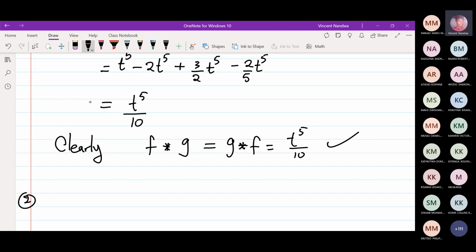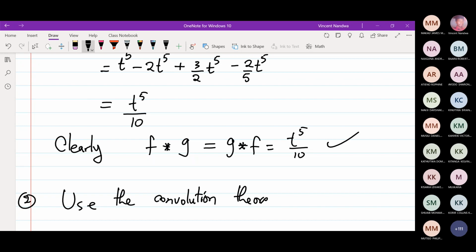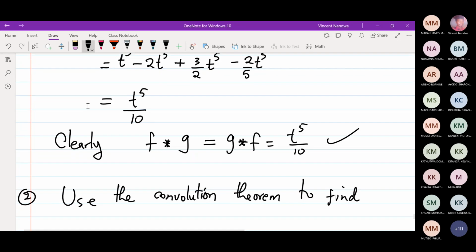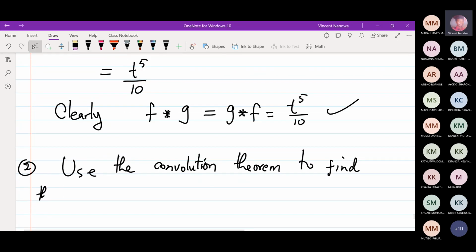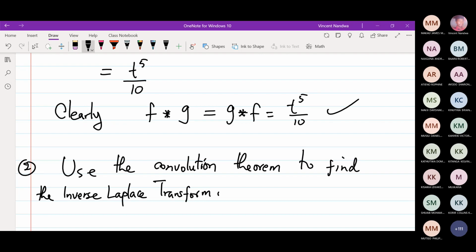So example 2: use the convolution theorem to find the inverse of 1 over (s plus 2)(s plus 3).